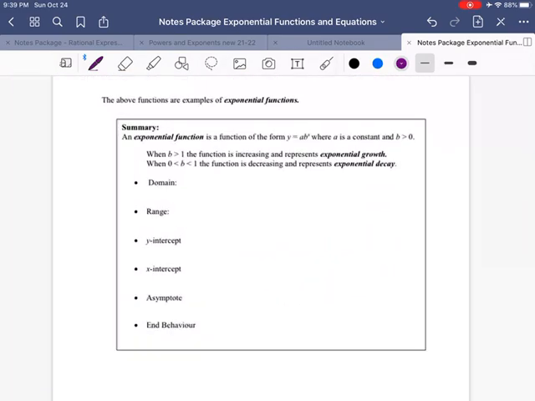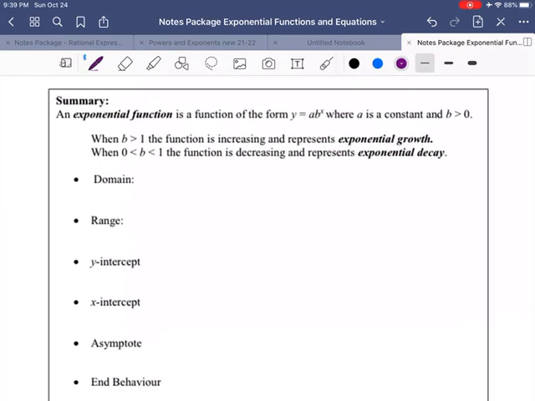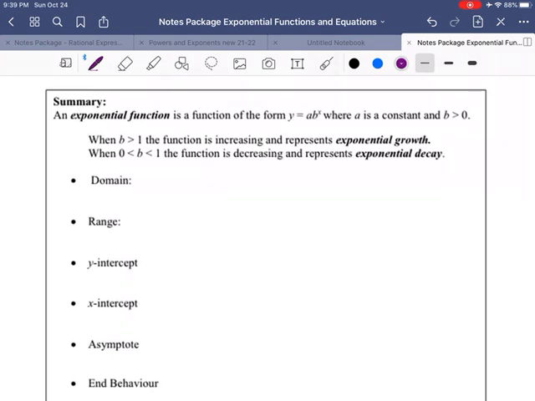So here's a bit of a summary. If an exponential function is in the form y is equal to a times b to the x, where a is a constant and b is greater than 0, when b is greater than 1, the function is increasing and represents exponential growth. That part's important. That was the first example. It's going to do this. Okay? And when b is in between 0 and 1, that was like the fractional stuff, it's going to be decay.